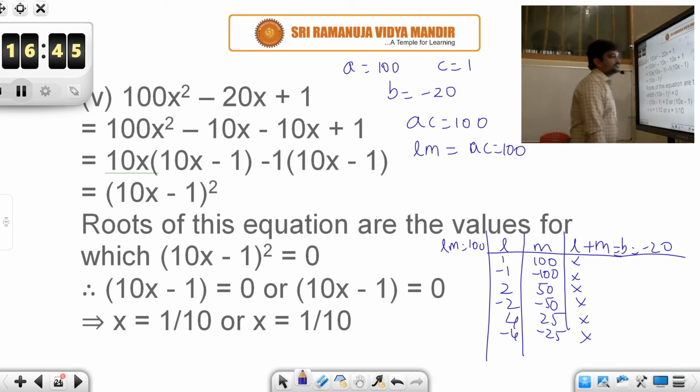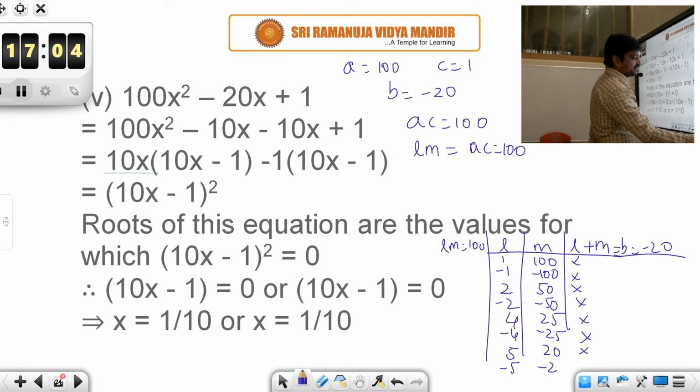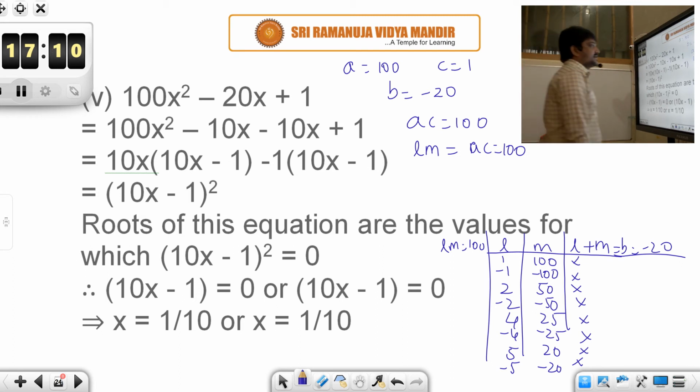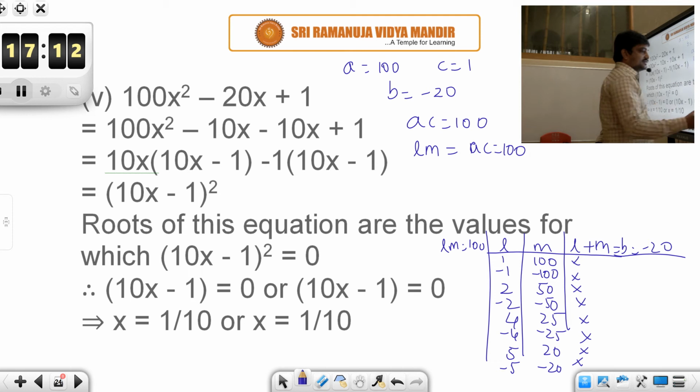Then if L is 5, here you will get 20. So this is again not possible. And then minus 5, you will get minus 20. So this is not possible. And then L can't be 6, 7, 8, or 9. Say if suppose L is 10.